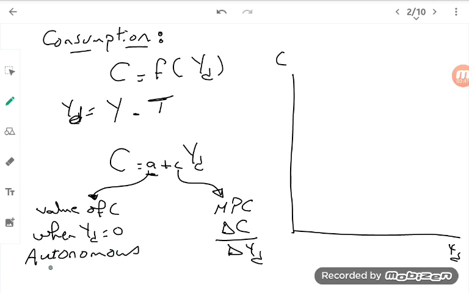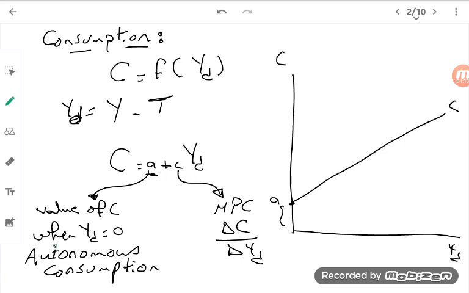Autonomous means it doesn't depend on income. So this is an amount of units consumed that doesn't depend on income. So this is point A, for example, and then this is the consumption function. This is the autonomous consumption. The slope is the marginal propensity to consume.